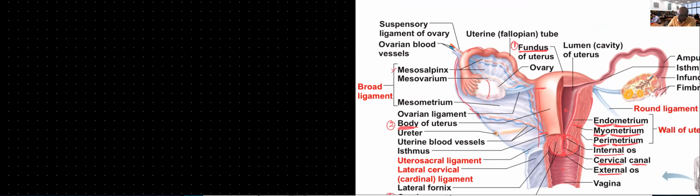We call the part of the broad ligament that will be surrounding the fallopian tube the mesosalpinx. Salpinx means something related to the fallopian or uterine tube.